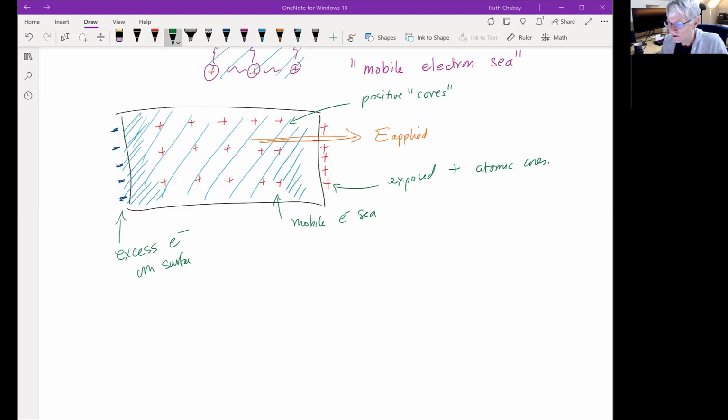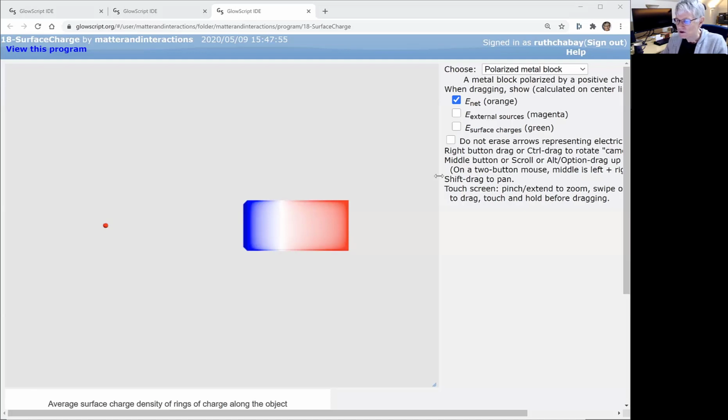Okay, so what does this really look like? We do have a VPython program for this. What this is, is the result of a computer calculation done in VPython, but not here in real time, because it takes a long time to do the calculation.